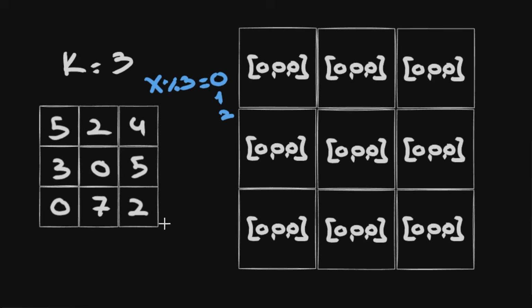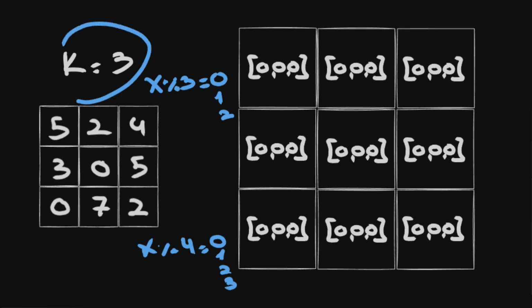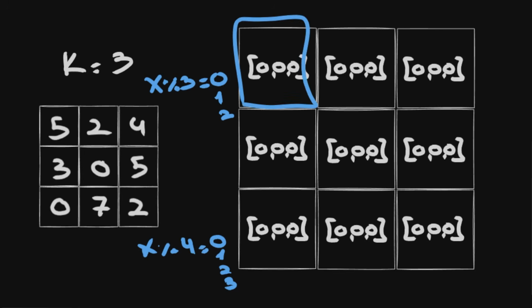Similarly, if we do some number modulo 4, for example, the possible results are 0, 1, 2, 3. Okay, so the amount of possible results is given by this number, in this case by k. Okay, 3 in this case. So that's why we are using an array of size k inside each of these cells.